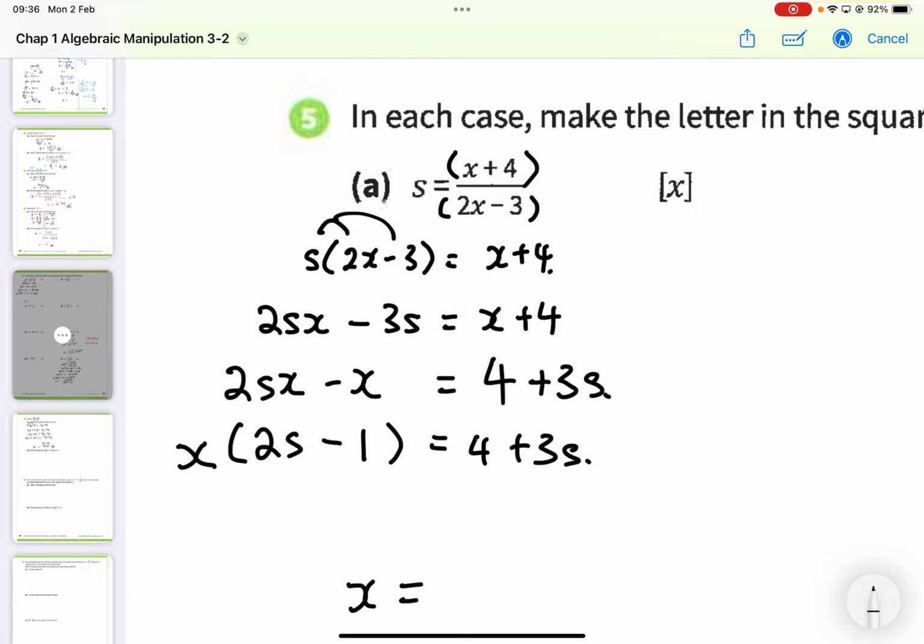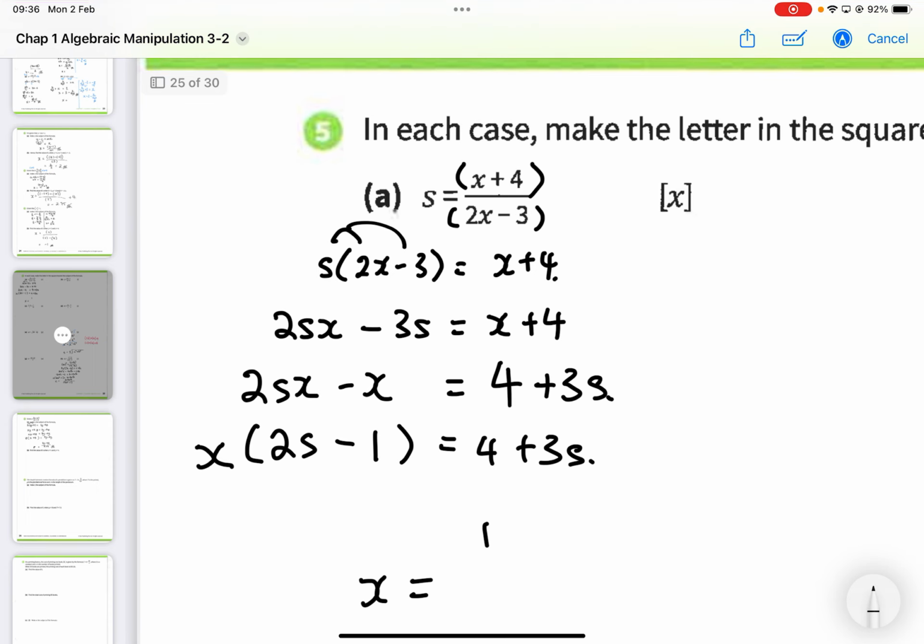So I divide by the entire bracket. Then the entire bracket will cancel each other. Then it will appear on the right, become denominator. Answer.